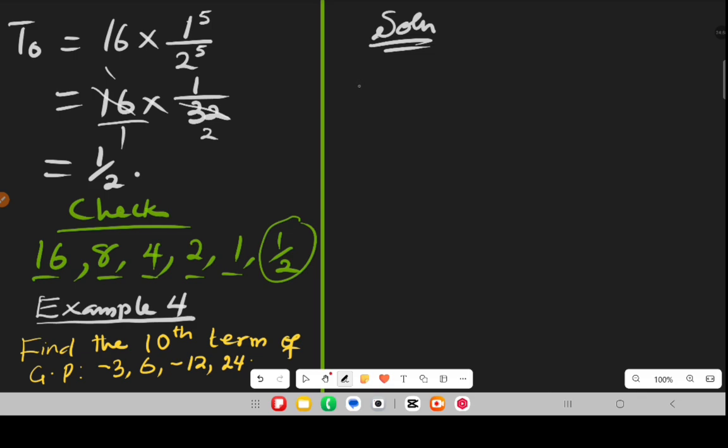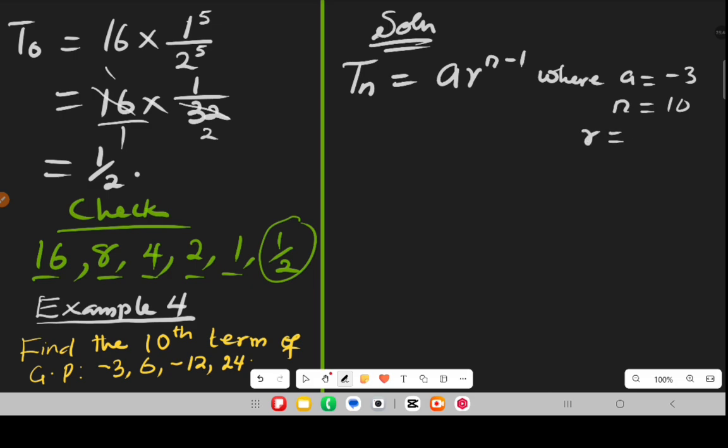Using that same formula for finding the nth term of a GP, we have Tn equal to a r raised to the power of n minus 1, where a is given as minus 3, which is the first term, then n is equal to 10 because that is the term number, and r, which is the common ratio, is the succeeding term divided by the preceding term, which is 6 divided by minus 3, we have minus 2.